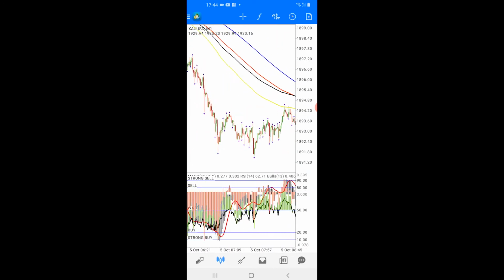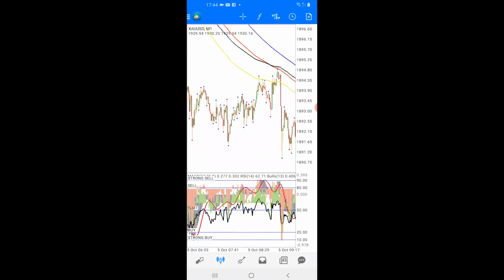In this kind of place, once you see the 210 moving average, the black one, come close to or cross the 300 moving average, above or below in the case of up and down trend, start being careful about the market.